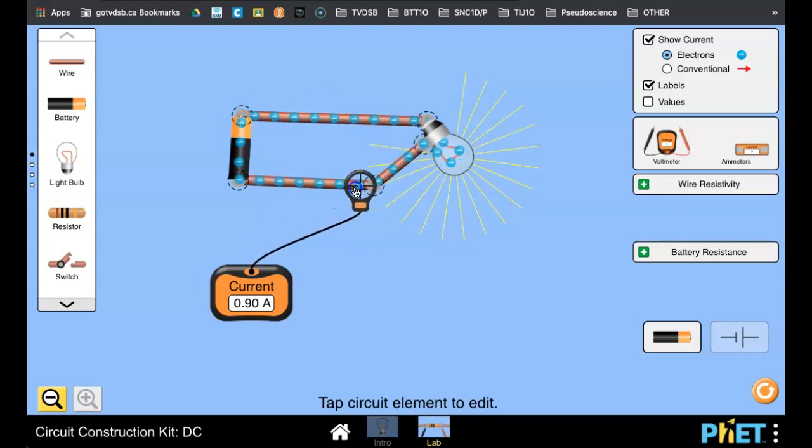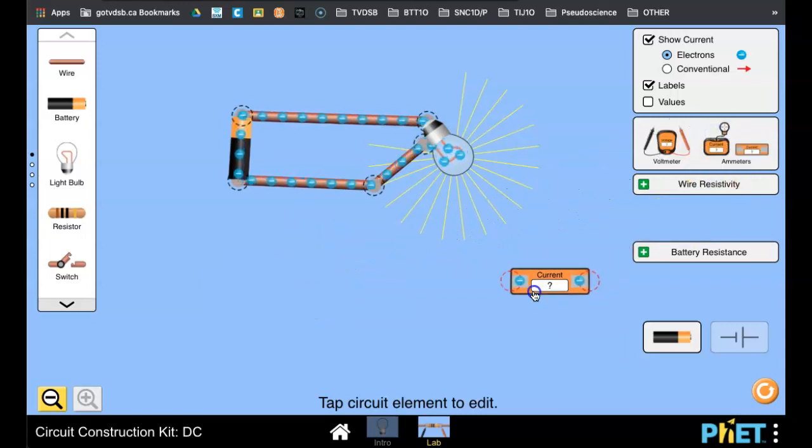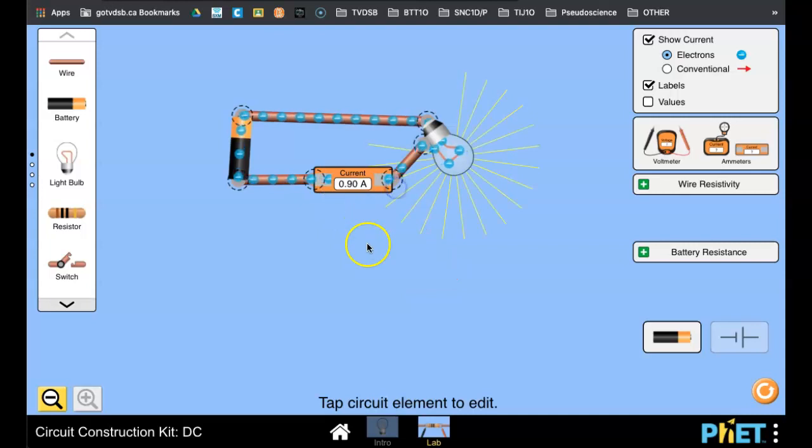Now, this is designed this way on this site just to give you the idea that it's not actually part of the circuit. It's just a counter. So it just counts how many electrons are passing. But if you want to know what it actually looks like when it's put in, it would be more like this. If I cut here, I can take the ammeter and actually attach it in there.